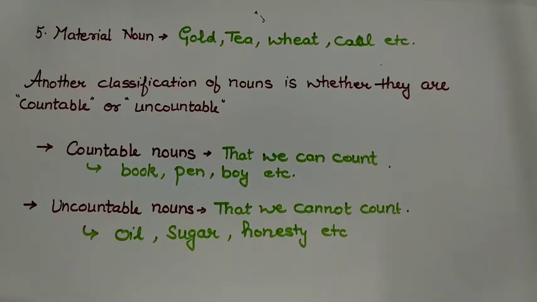Uncountable nouns are those nouns which we cannot count, like oil, sugar, honesty, etc. You can judge by yourself that we cannot count particles of oil or we cannot count honesty, right? So these words are called uncountable nouns. So these were the kinds of nouns.